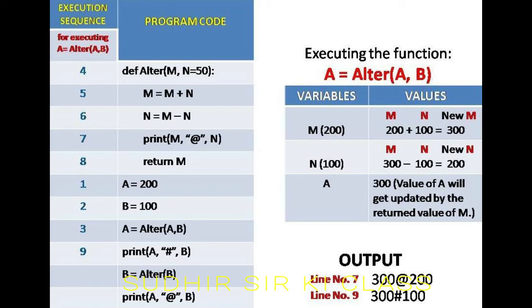Children, you notice one thing here, that we have taken A to M and B to N, and we have changed both the values there in the function definition, but the effect has come to A only because the updated value was returned and B is showing its original value, that is 100. I hope this point is clear in your mind.